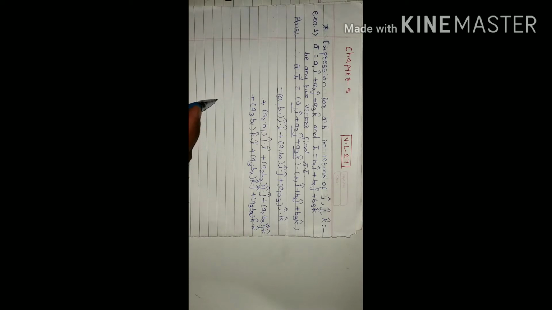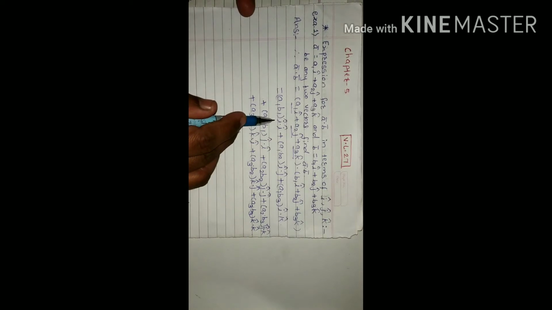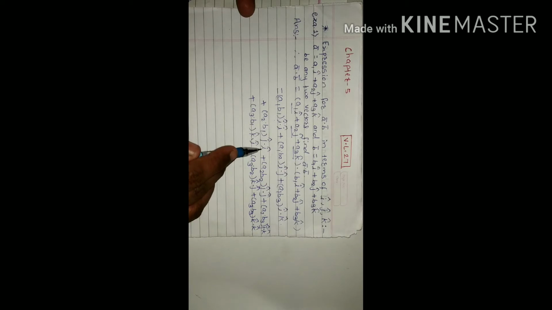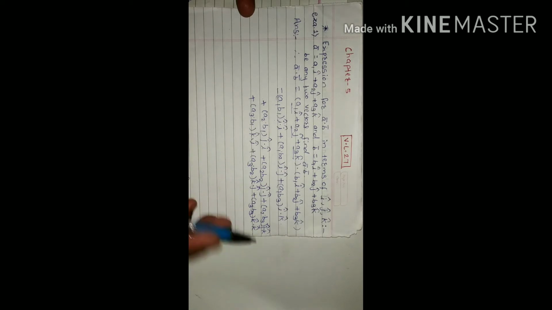Then by property 5, we know that the values of i cap dot i cap, j cap dot j cap and k cap dot k cap are 1, and i cap dot j cap, j cap dot k cap and k cap dot i cap are 0.